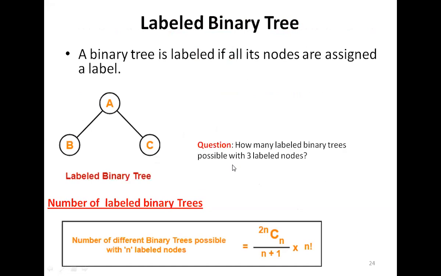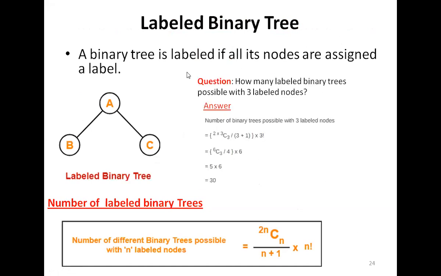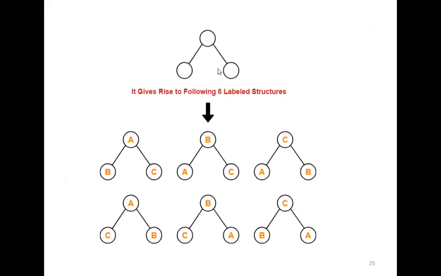Okay, now we are taking just one tree, and we are giving labels. So 3 labels we can give: A, B, and C. Now how can we give the labels? We can give this type of label: A is given to this node, this is B, and this is C. This is one type of tree.